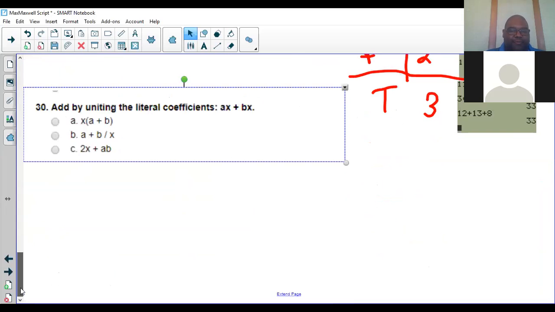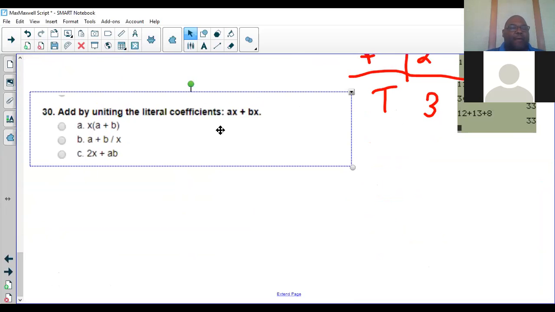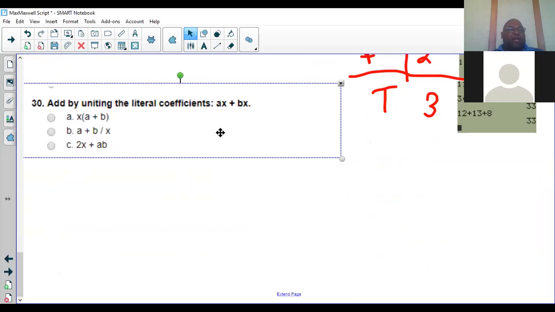Let's take a look at this. It says add by uniting the literal coefficients, ax plus bx. Okay, what do you think they're saying right here?